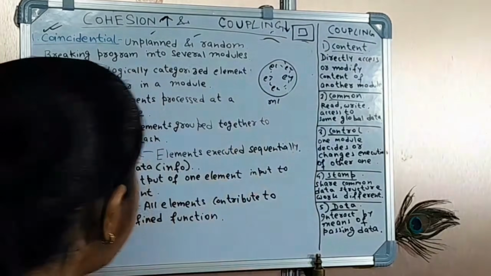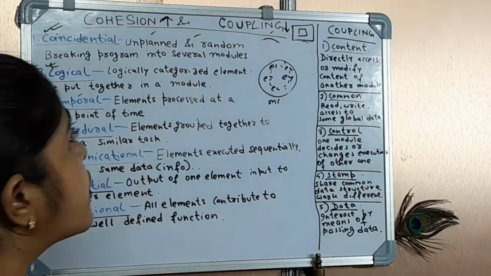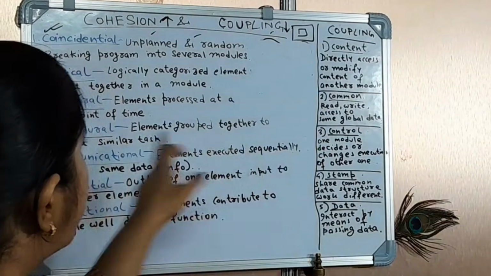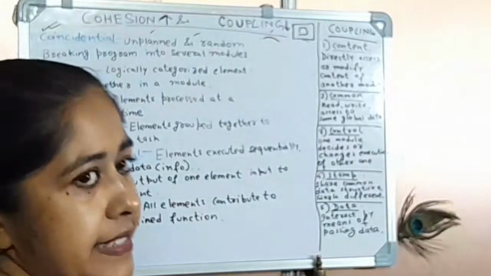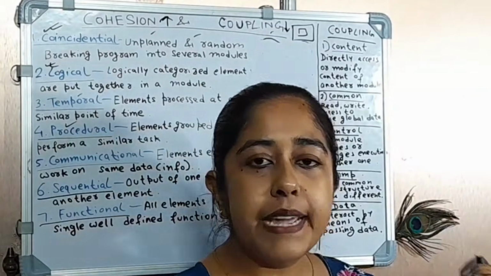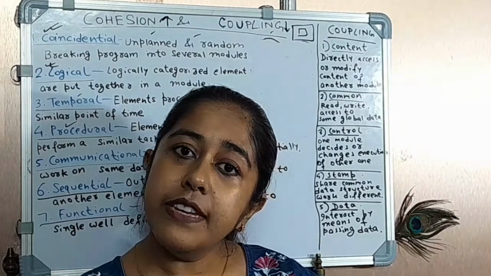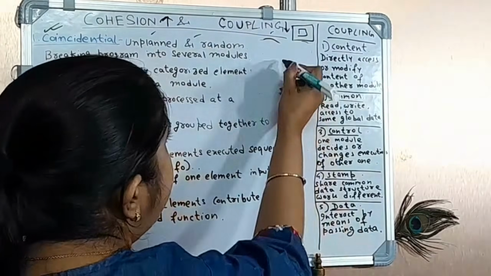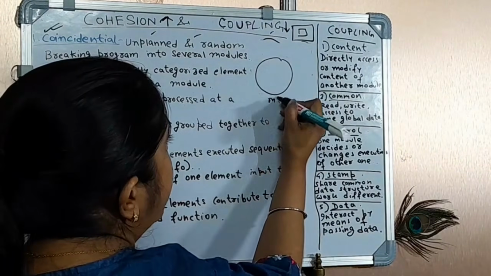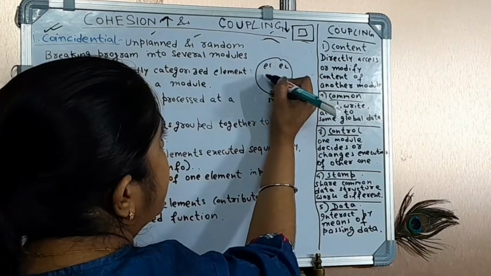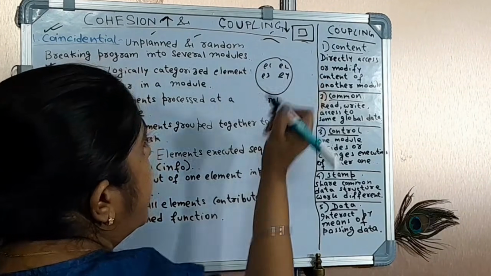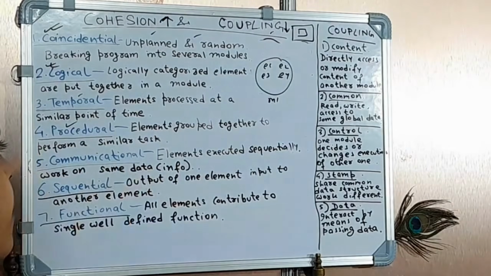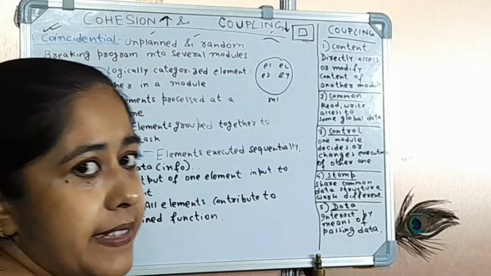Then the fourth one is procedural cohesion. What is procedural cohesion? Here elements are grouped together to perform a similar task. In temporal cohesion, they were executed at a similar point of time. Now we again have a module M1 with elements E1, E2, E3, E4. Here we see those elements that are grouped together because they perform a similar task.